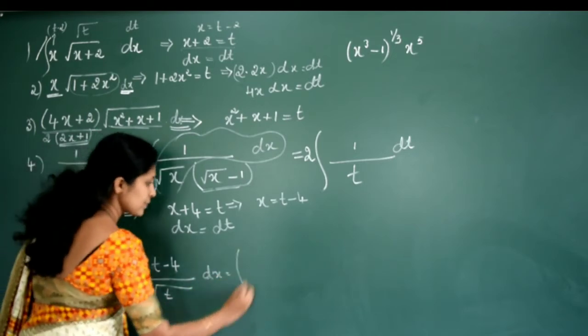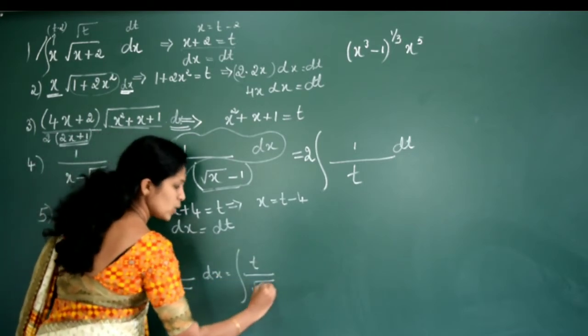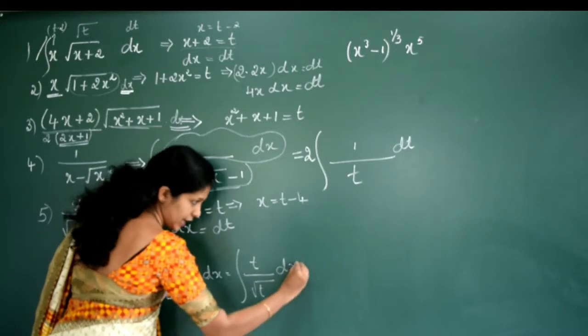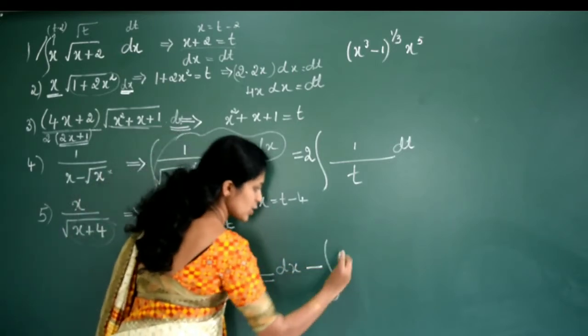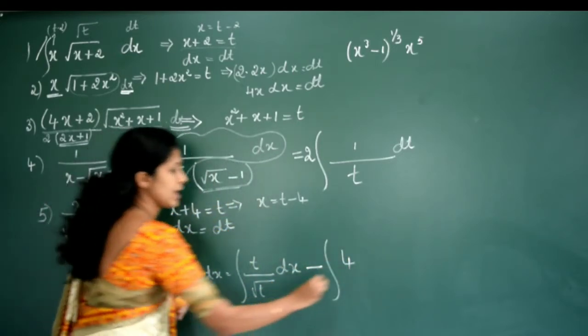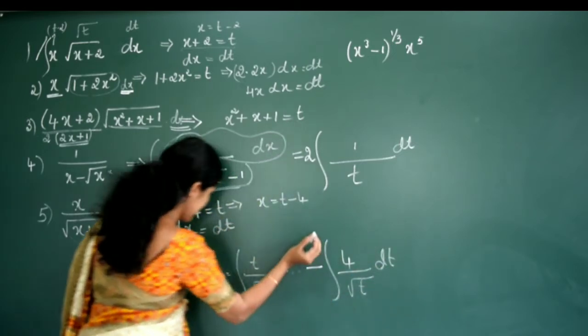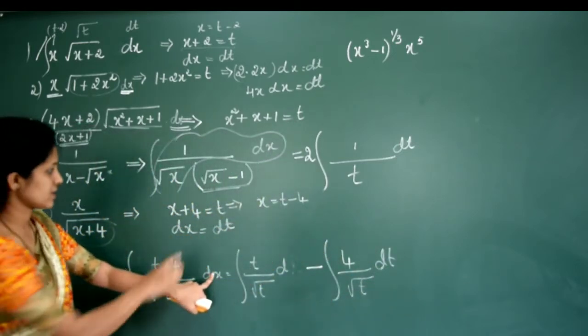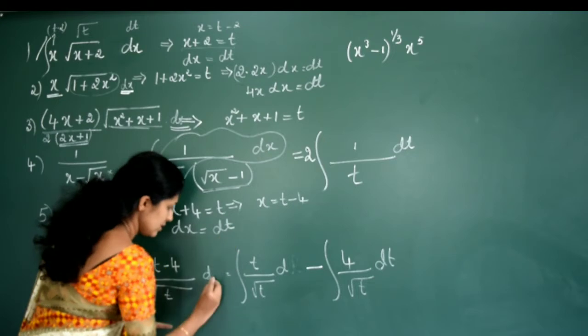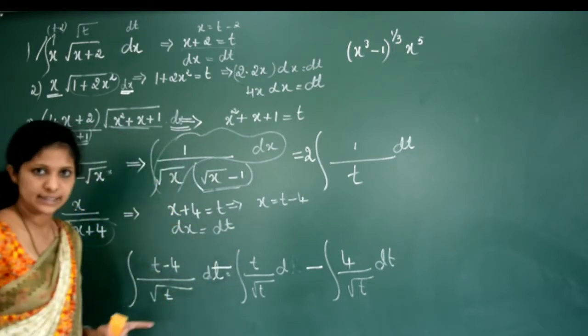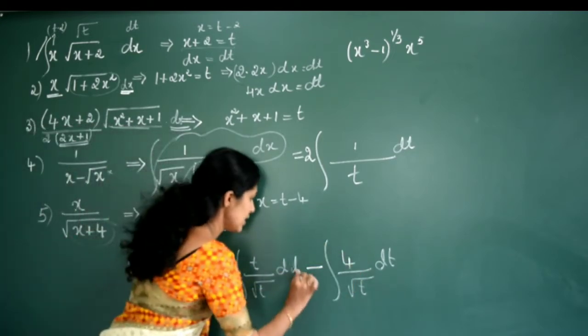So we can say integration of t divided by root t into dx minus integration of 4 divided by root t into dx. dx will be equal to dt, right? So this is dt and this is also dt.